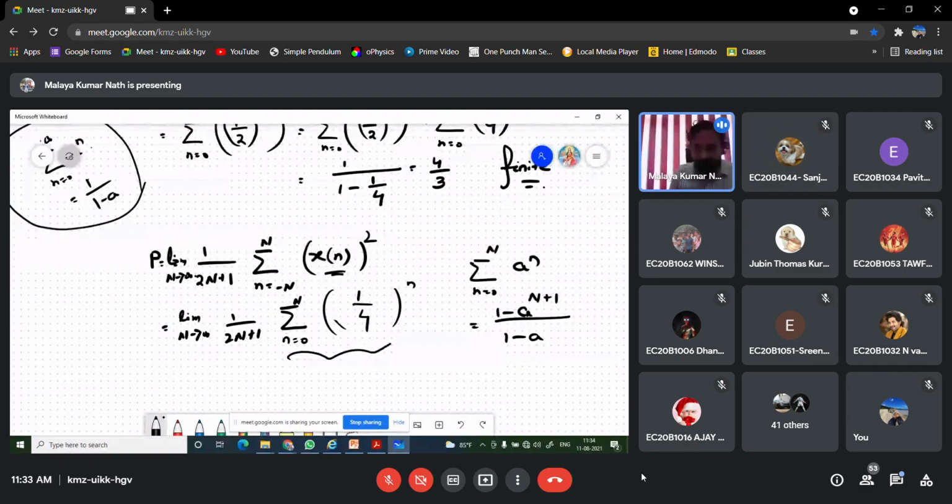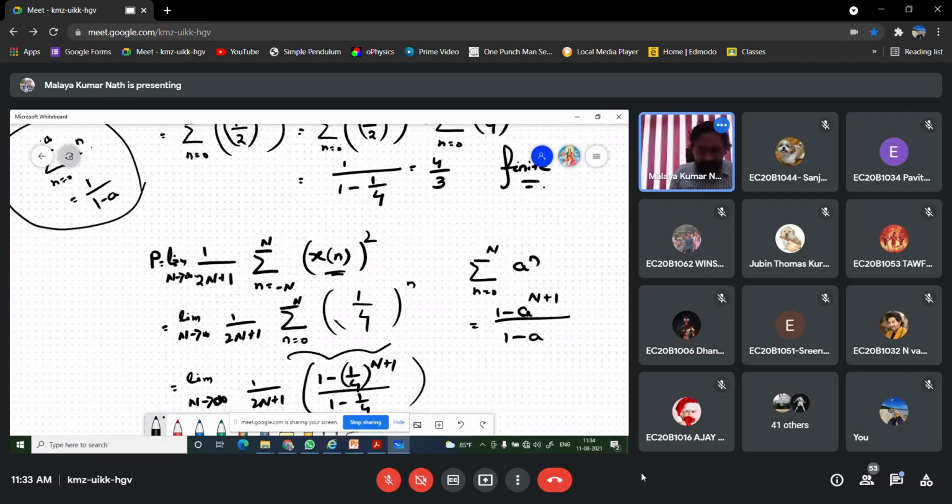So just substitute this value: limit N tends to infinity of 1 upon 2N plus 1, times 1 minus (1/4) to the power N plus 1 divided by 1 minus 1/4.